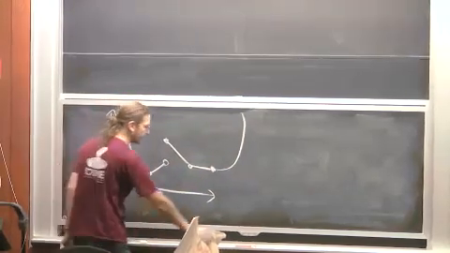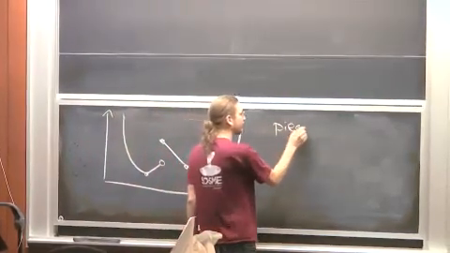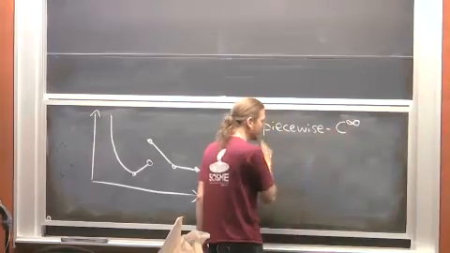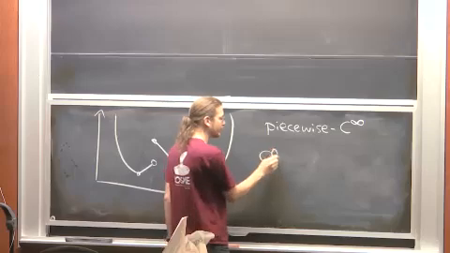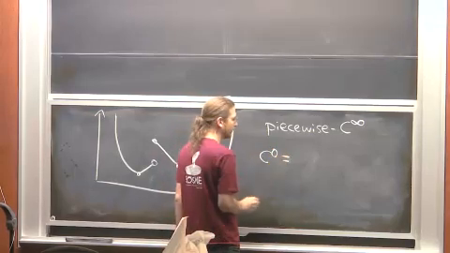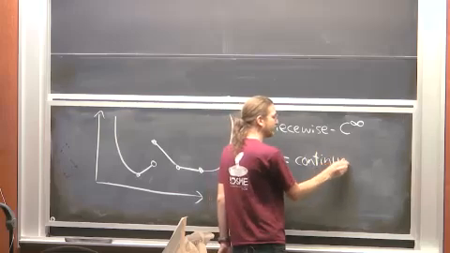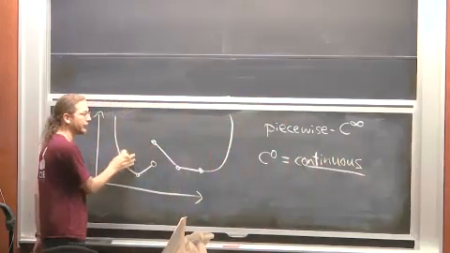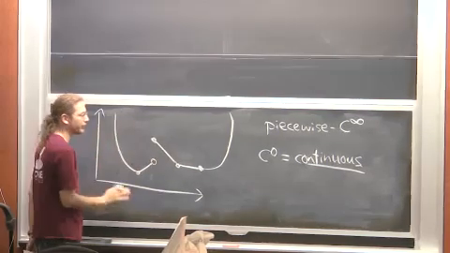So this function I would call piecewise C infinity. Let me explain what these things mean. C0 is a term meaning just continuous. Continuous means no jumps like this. So this is not a continuous function. So this function overall is not even C0.